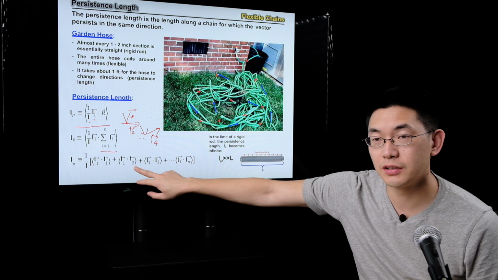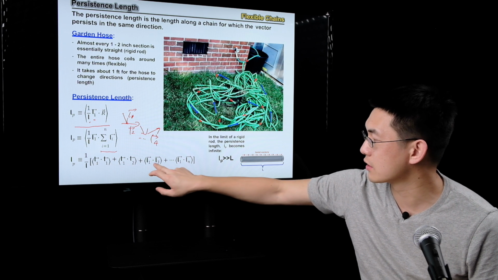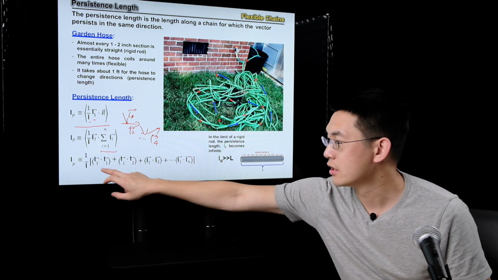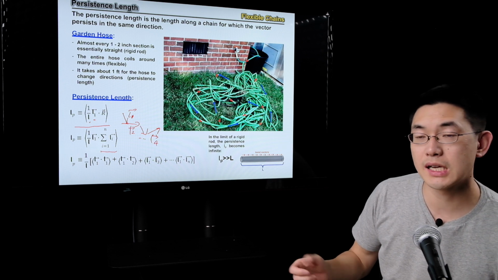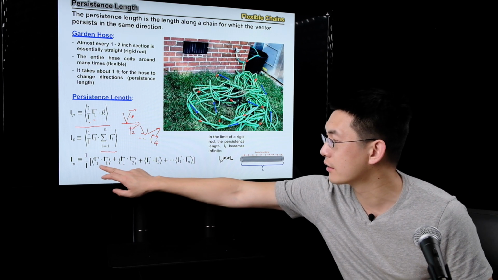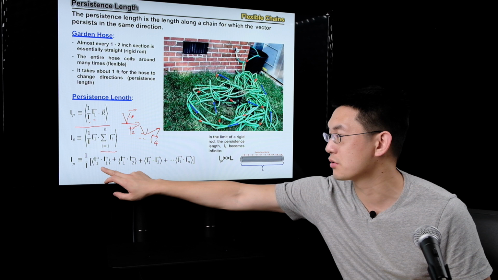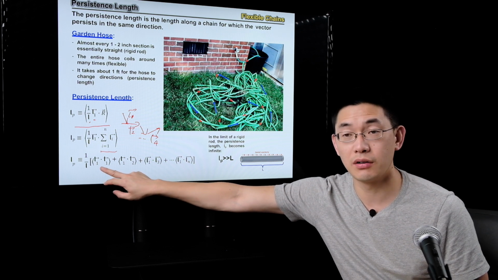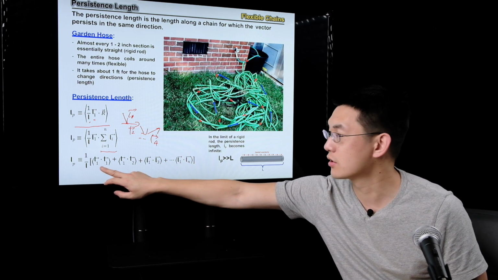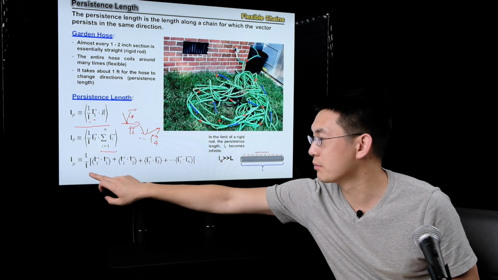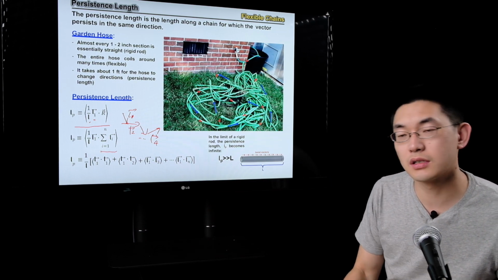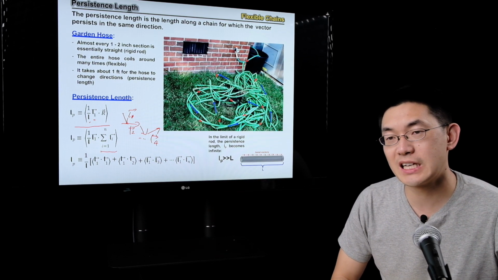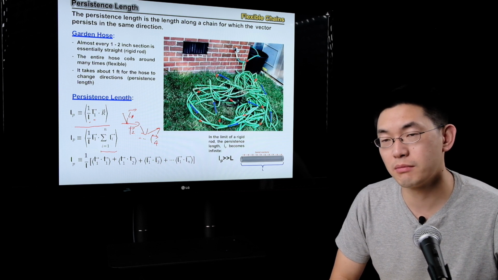For a free joint chain, this will be equal to 0 and all the rest of the terms. So for a free joint chain, the persistence length will be equal to L1 dot L1, which is L squared. As I already mentioned, L is the bond length. So L squared divided by L will be equal to L. In other words, for a free joint chain, the persistence length will be one bond.